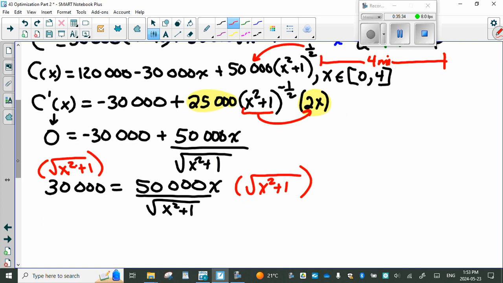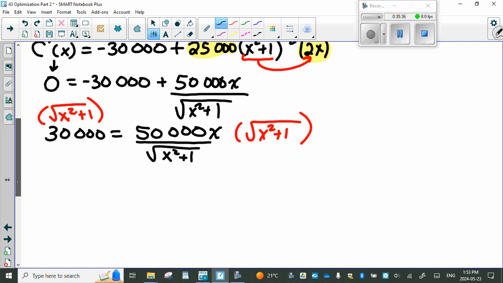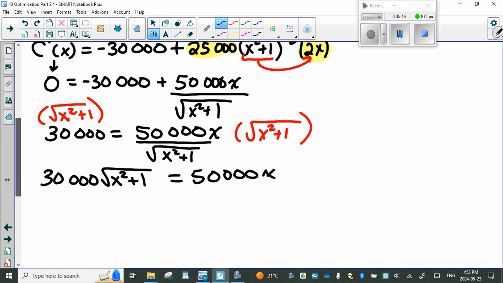So I've got everything in the top. These divided out, so now I don't have a division anymore.